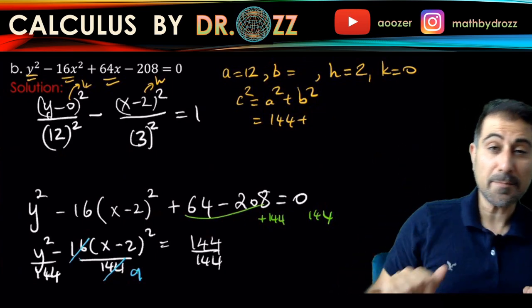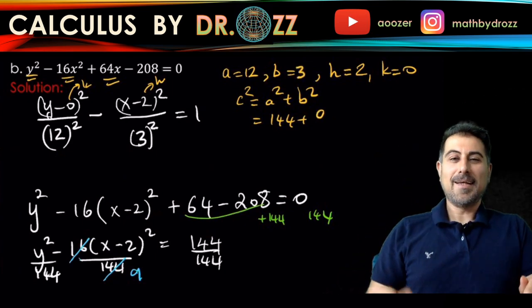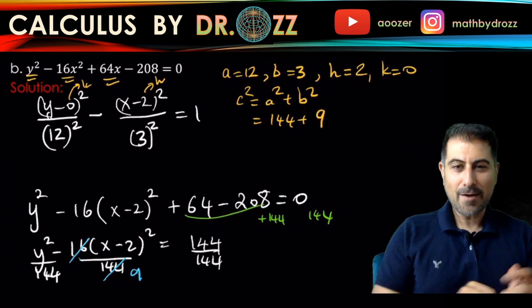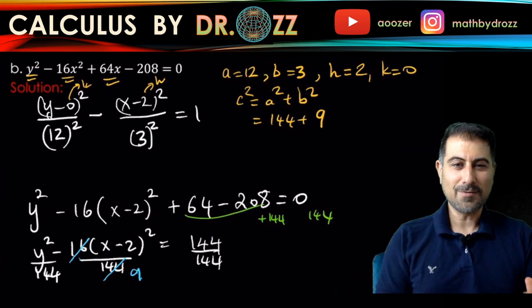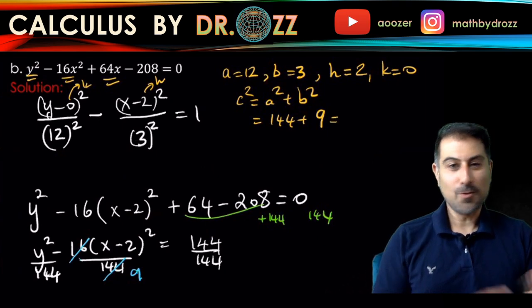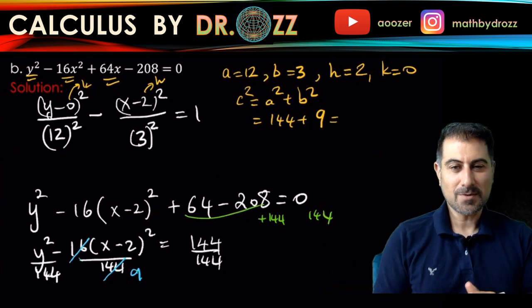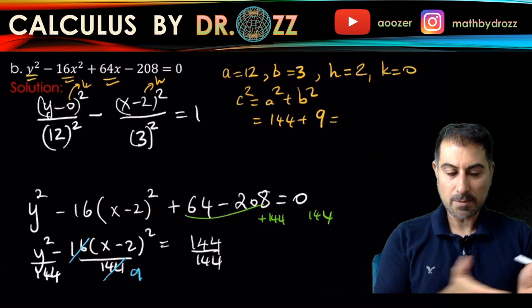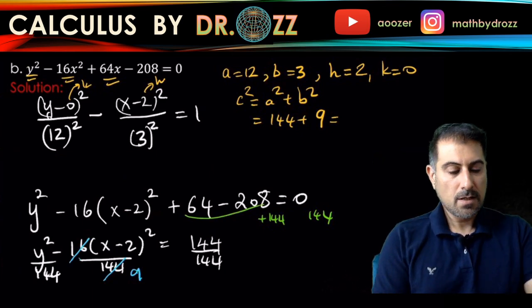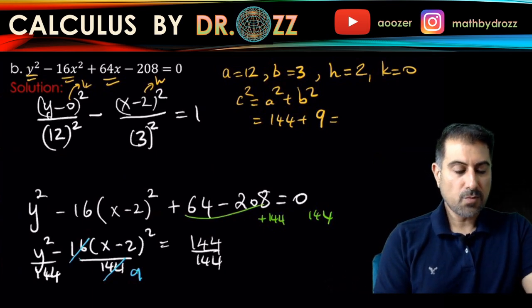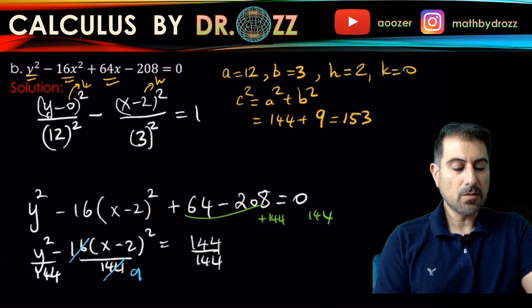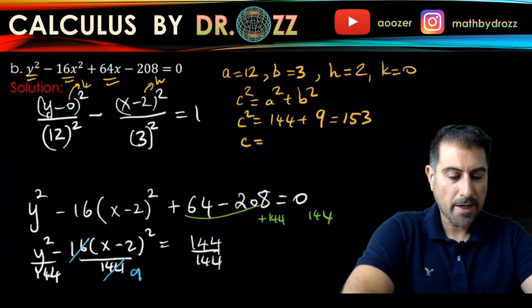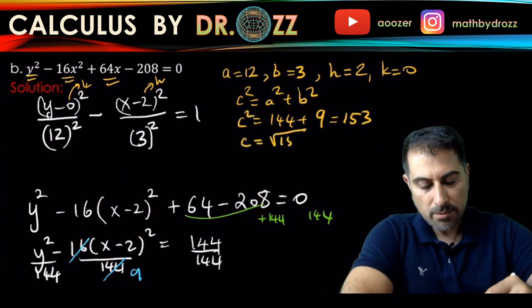I'm sure you caught that mistake when I was doing this and thought, oh, there's a mistake. Now I caught it. I'm not going to cut this part out of the video. We're human beings and we make mistakes sometimes, and as you see, I made one, but I was able to catch it. So that is 153, and c becomes radical 153.